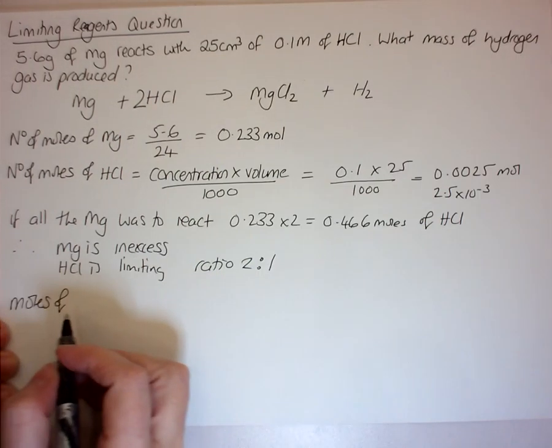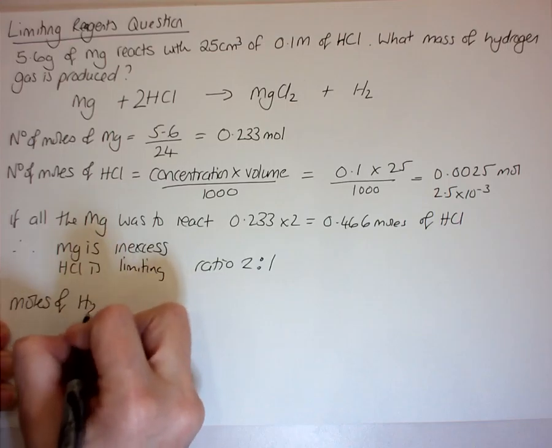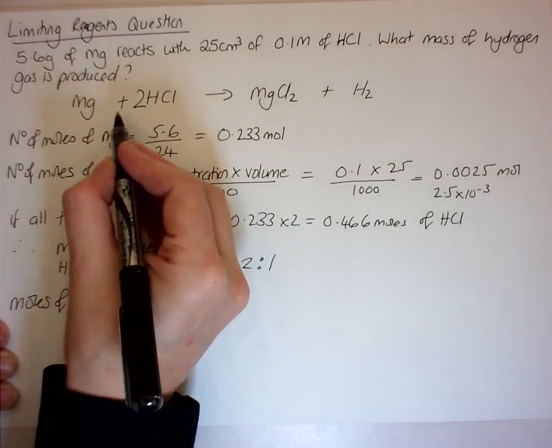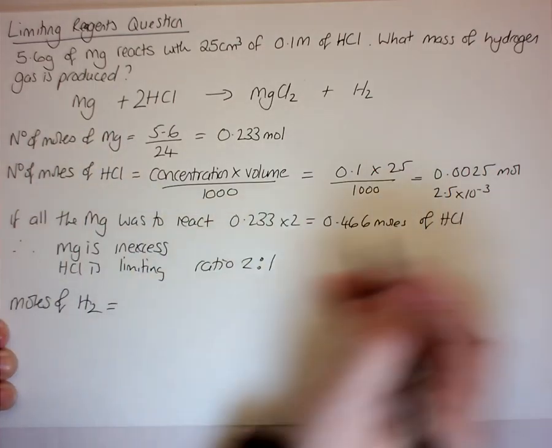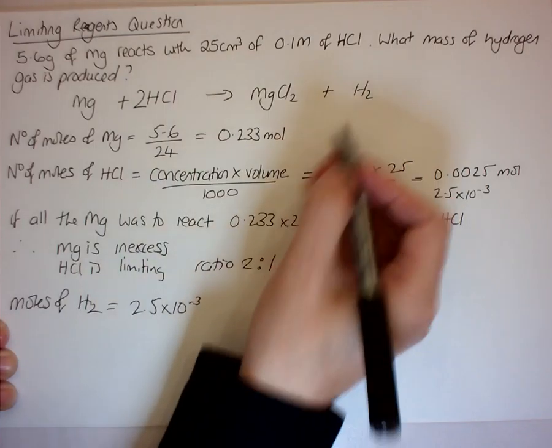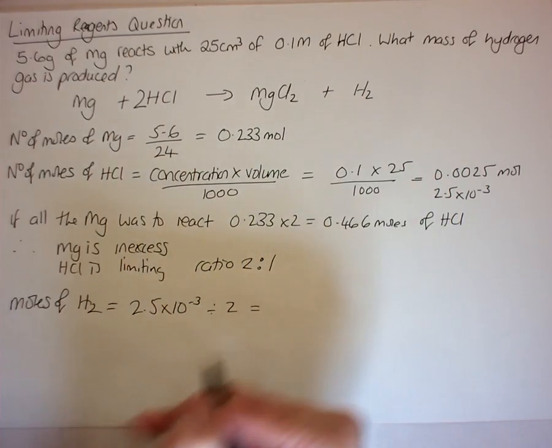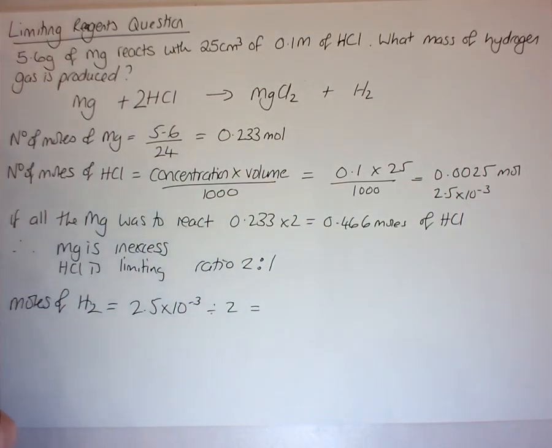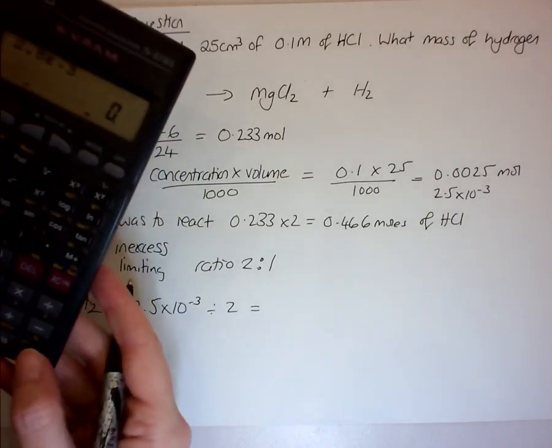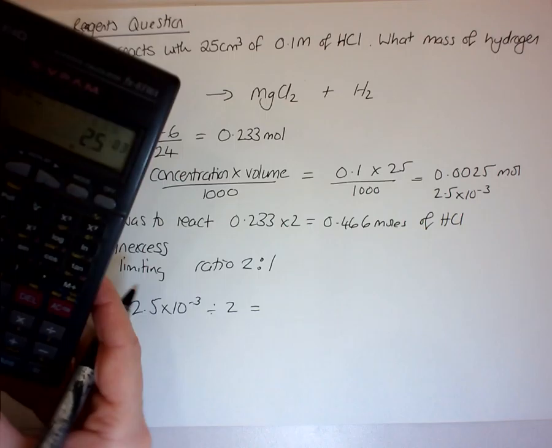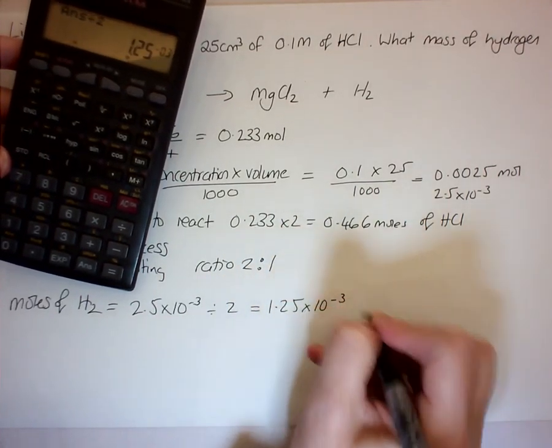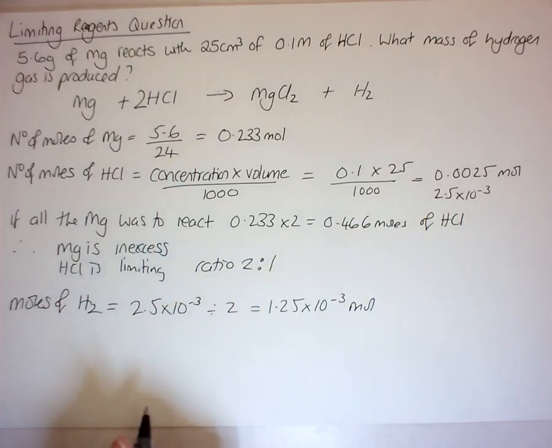Therefore, the number of moles of hydrogen is equal to the number of moles of HCl, which I've worked out here, divided by 2. So 2.5 times 10 to the minus 3 divided by 2 is 1.25 times 10 to the minus 3 moles.